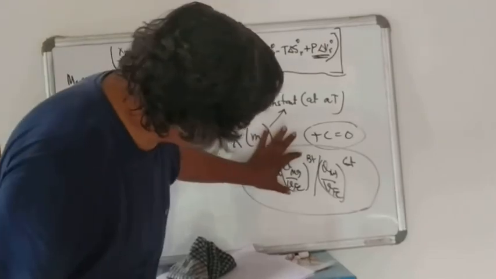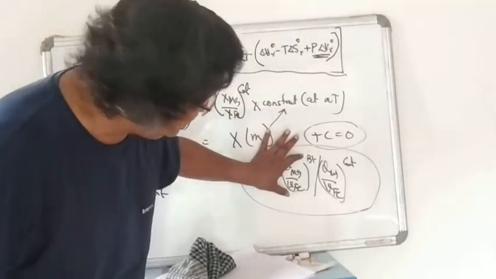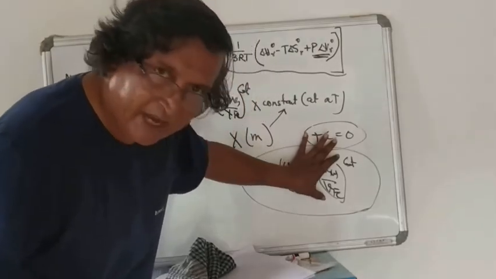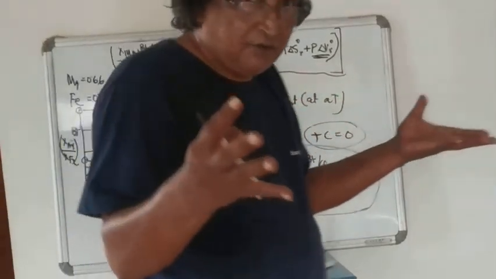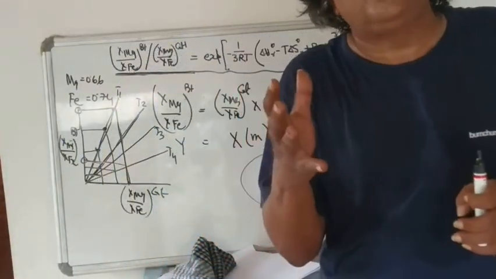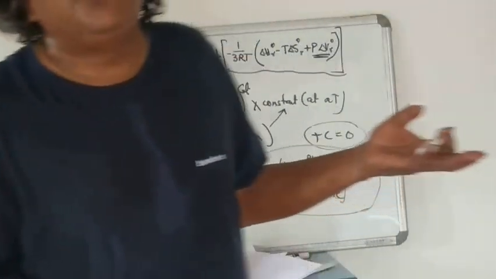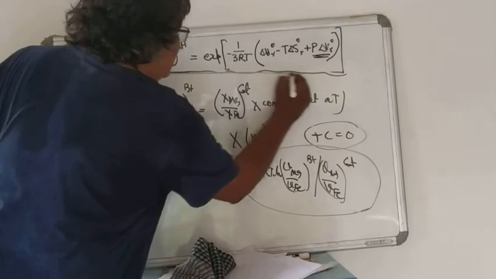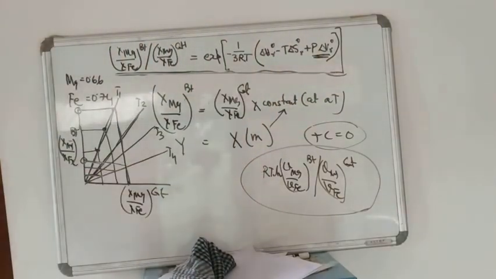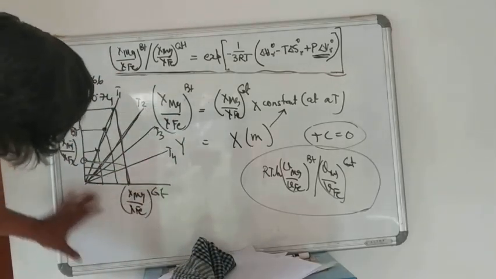That means this is individually non-ideal, this is individually non-ideal, but their non-ideality cancels each other out. Then it is not an ideal solution, it is an ideal exchange. In both cases, the effective reaction would be this. The effective reaction would be this. And this is what will follow.